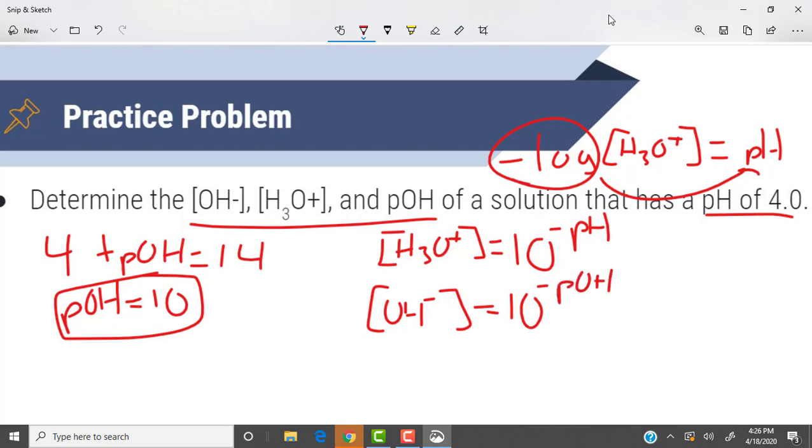So we plug those numbers into our calculator. We're just going to plug 4 in here, and we're going to plug 10 in there. And we should very easily be able to get our answers.